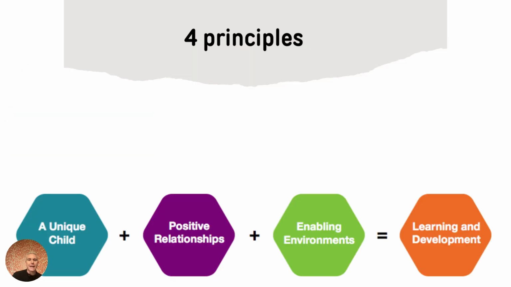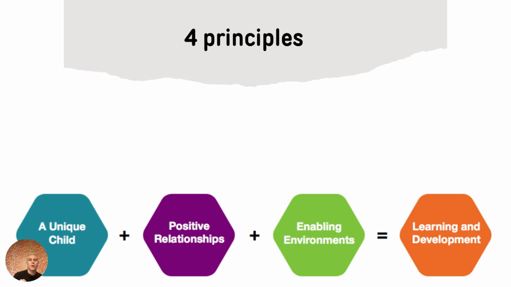There are 4 key principles in the EYFS. First is the unique child. Every child is unique. Positive relationships with the practitioners that are working there, with their peers, with parents.